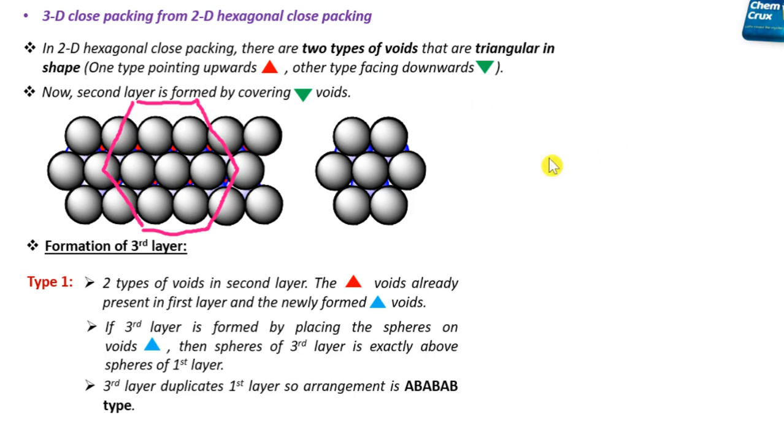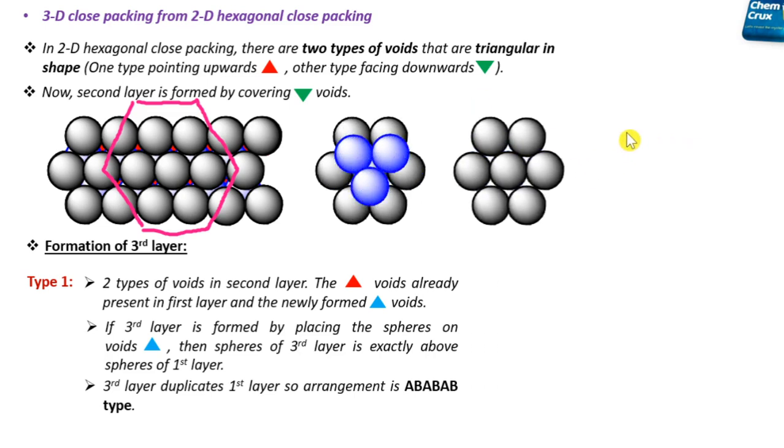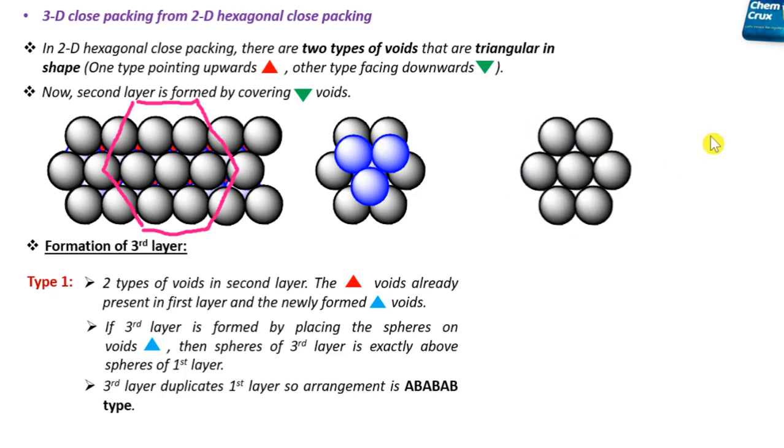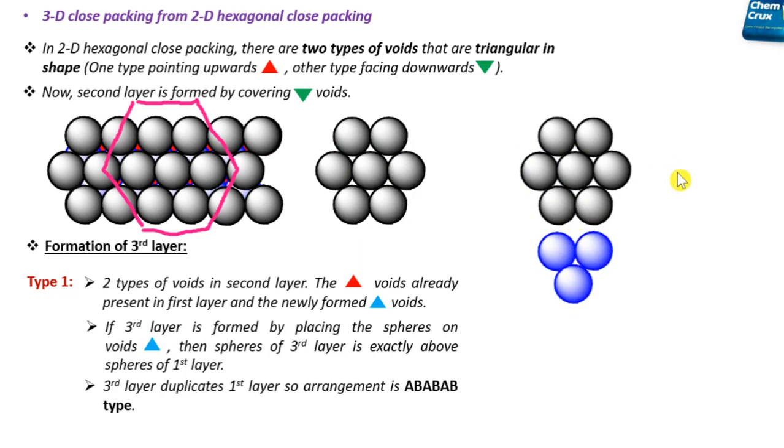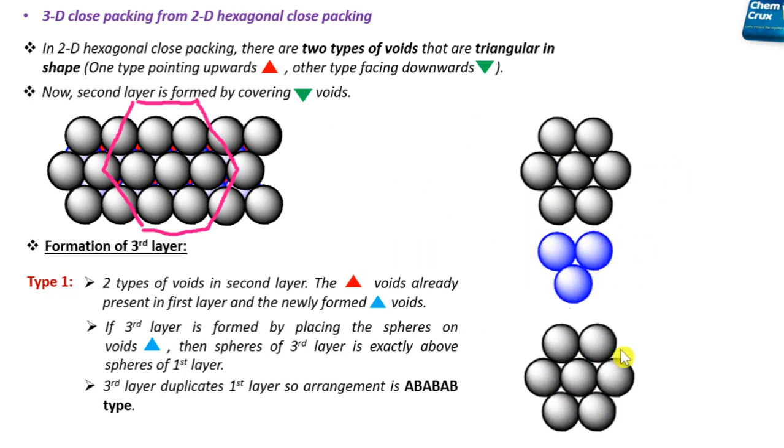So this is the third layer, right? This is the second layer beneath the third layer, and this is actually the first layer. So you can see that the third layer is aligned exactly above the first layer and is of the same type, that is type A.